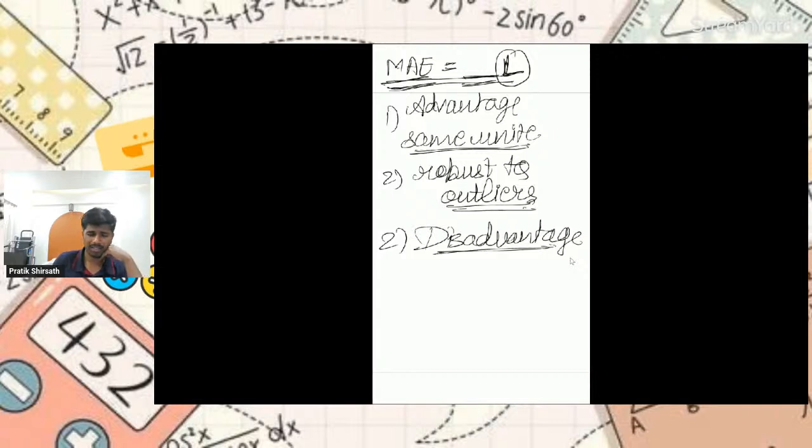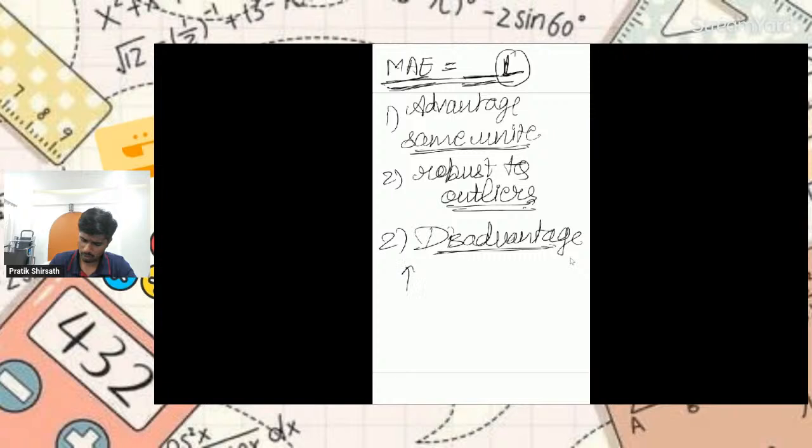The main disadvantage due to which mean absolute error lacks in some points is that the graph is not differentiable. It has some points where it cannot be differentiated.